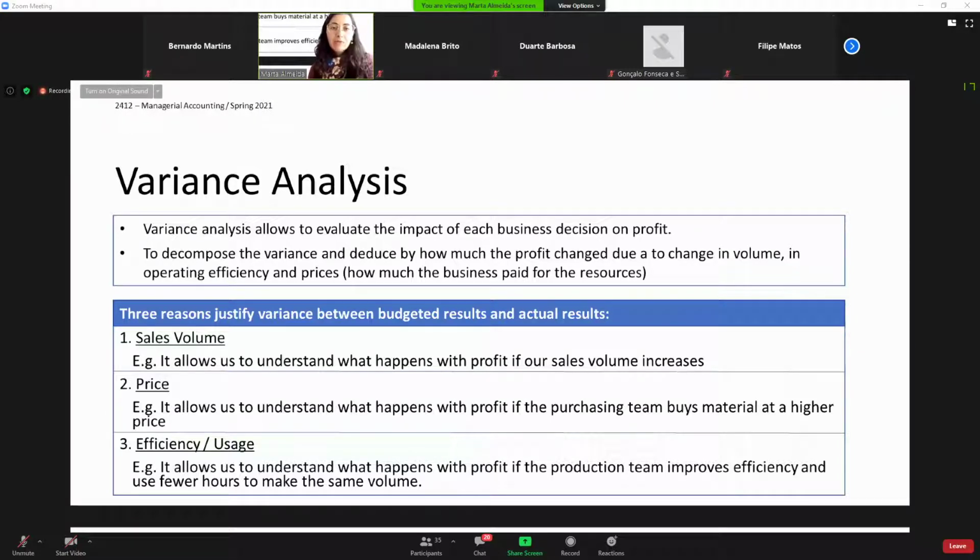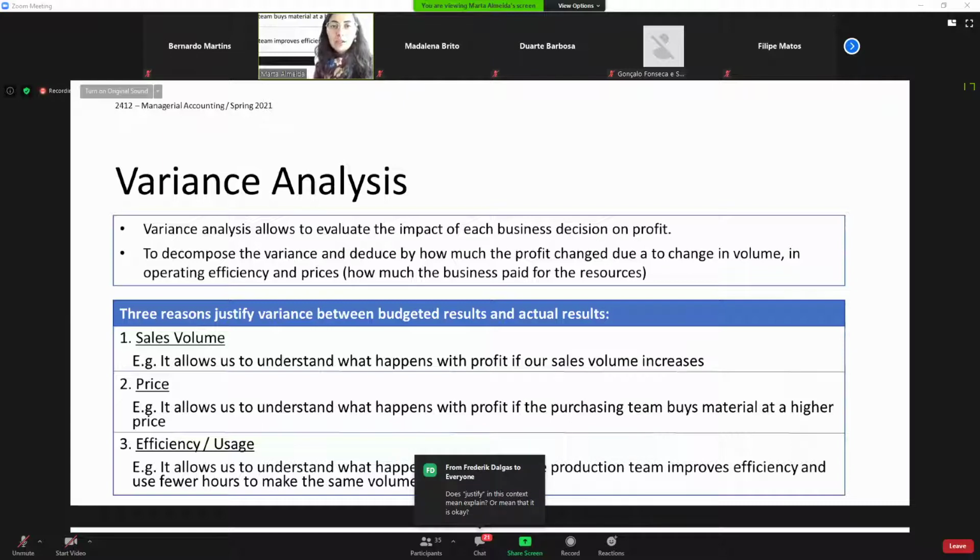And we have another reason justifying the difference, which is the efficiency and the usage. And we saw already that for direct materials, we used more direct materials than we should have needed according to the budget. If the budget was the efficient square meters of textile needed, if we used more, we were inefficient.